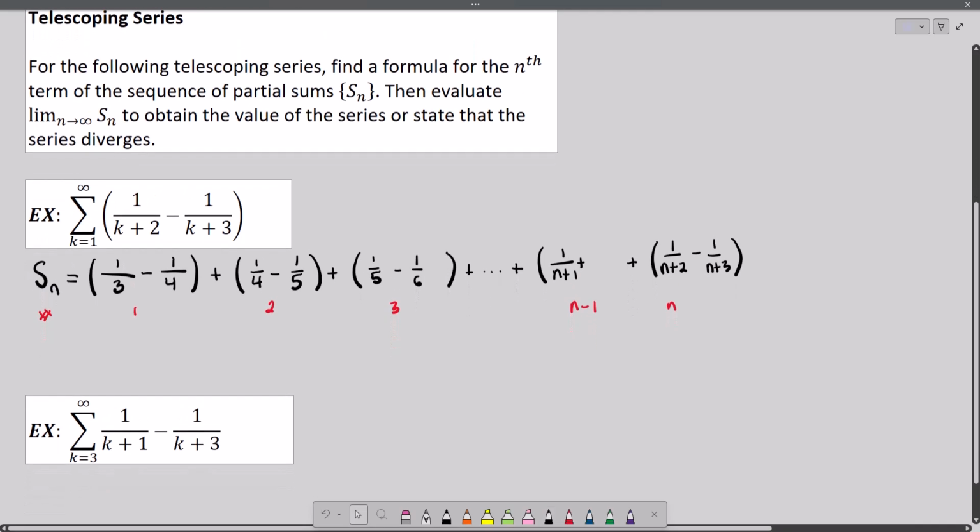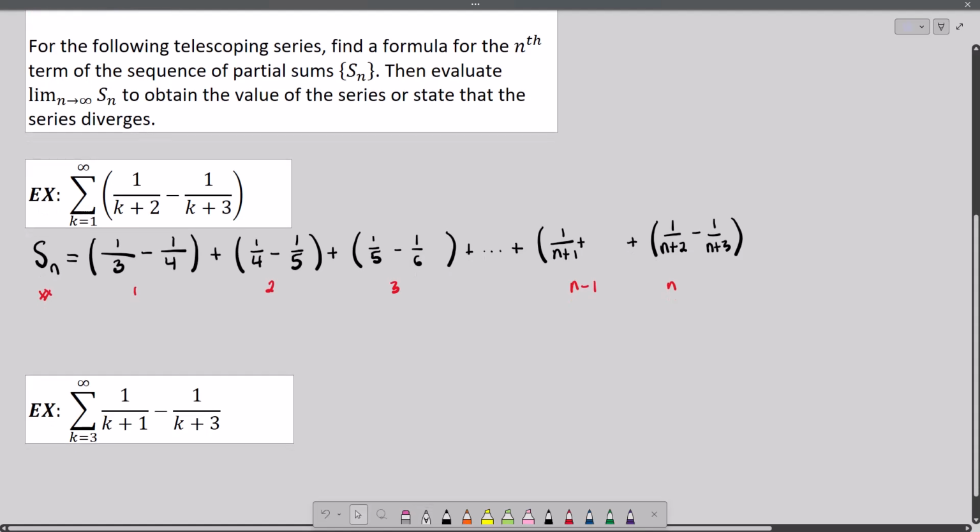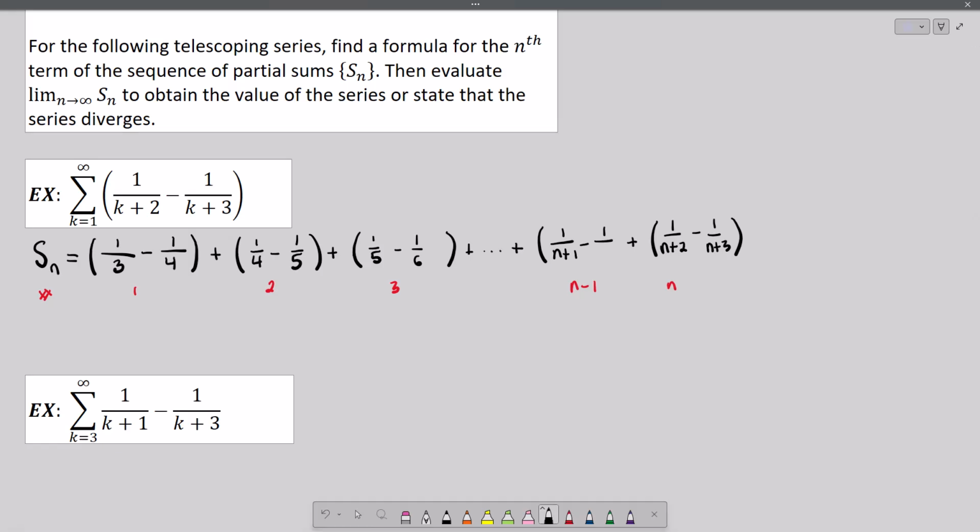And then that's supposed to be a subtraction in the middle there. That's subtraction. And then 1 over n plus 2. So if you plug in n minus 1 here, n minus 1 plus 3 is n plus 2. So that's the nth term over there.